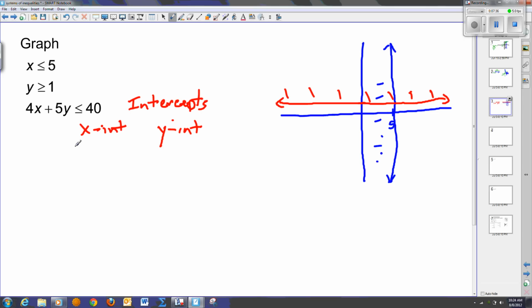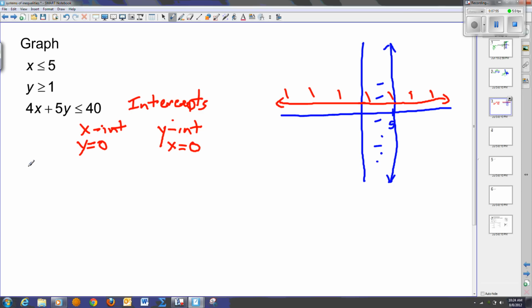For all x-intercepts, we know that anywhere on this line, the y value equals 0. And for any y-intercept, the x value equals 0. So what I'm going to do in each case is plug in that value for x or y.